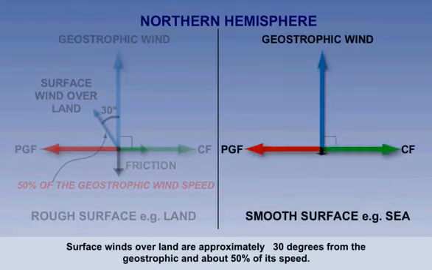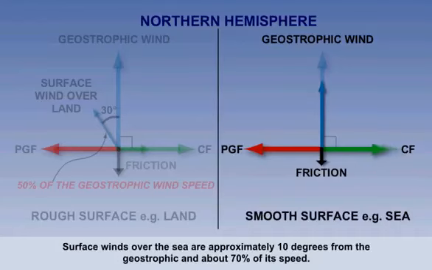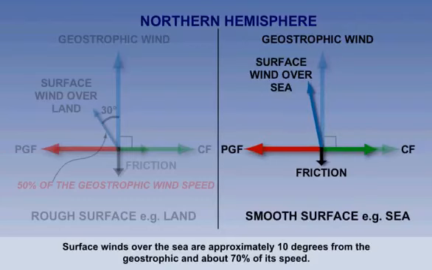Looking at the diagram on the right for a smooth surface, we would expect less friction and less of a reduction in the surface wind speed. So the Coriolis force will be reduced, but not as much as we saw for a rough surface like the land. The difference between the forces is not as much, and therefore the angular deflection much less.